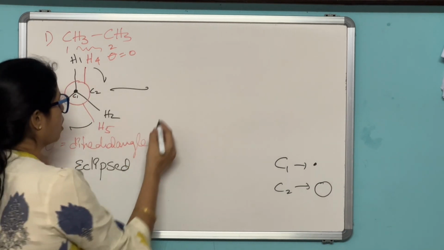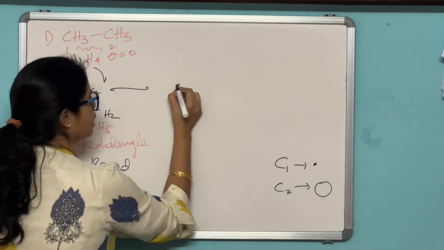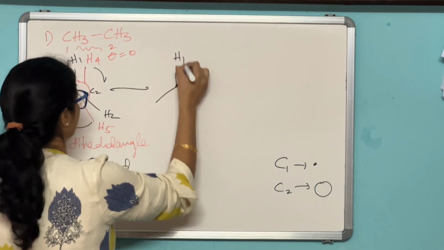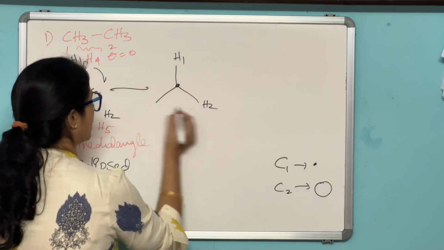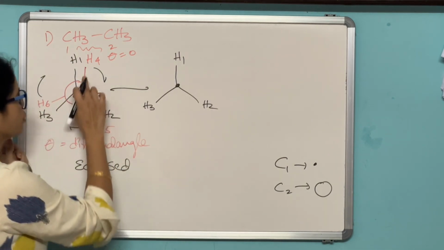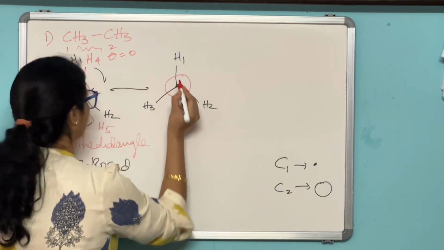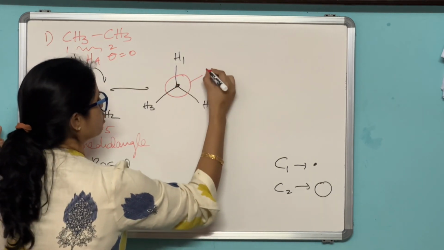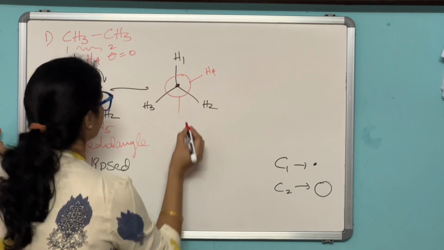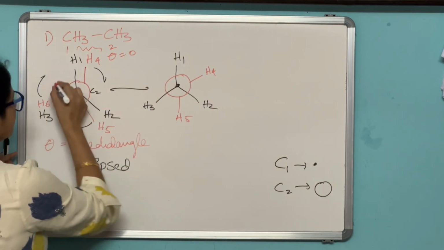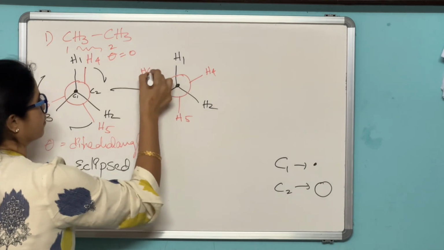Now write the conformation. We fix H1, H2 and H3, and just rotate this one. The red one is the back carbon, so here is your H4, H5 and H6.